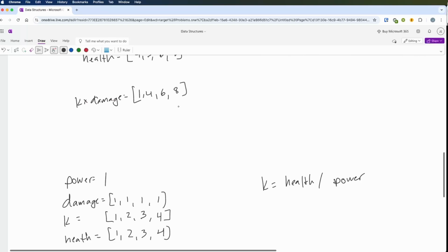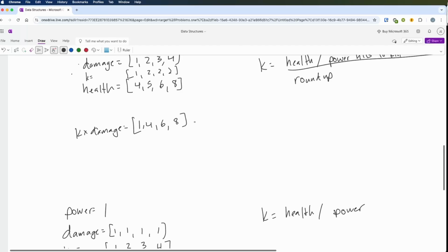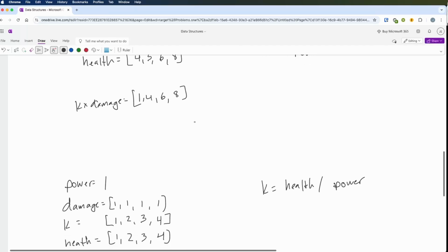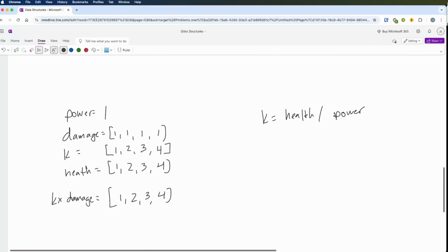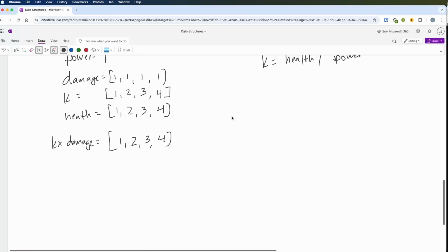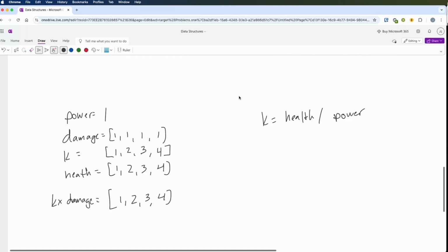So we attack enemy 3, 2, 0. So it doesn't really make much of a difference here. Whereas in the second example, I want to start from the beginning. Can we do DP here?